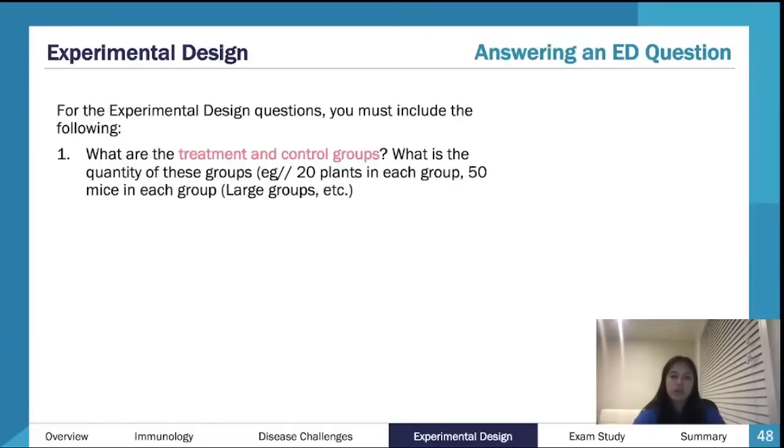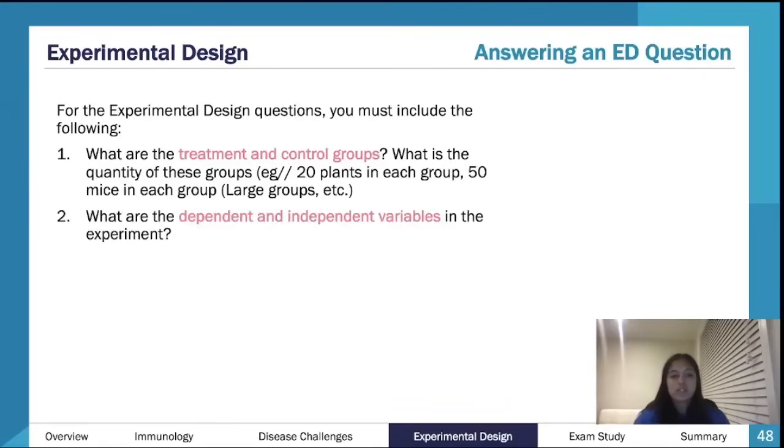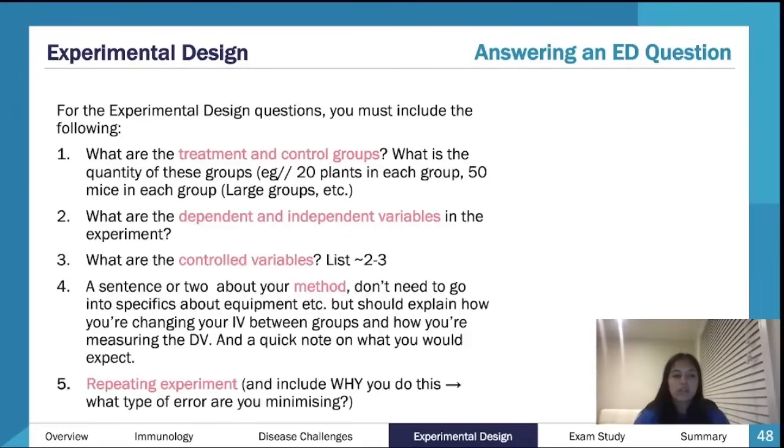Okay, so in terms of answering an experimental design question, it's very different to answer an experimental design question in an exam versus as you would for your Area of Study 3 SAC. So there are a couple of things just to note.